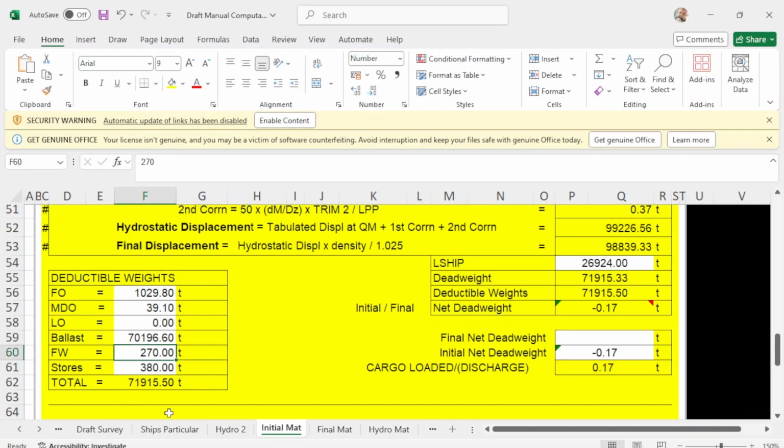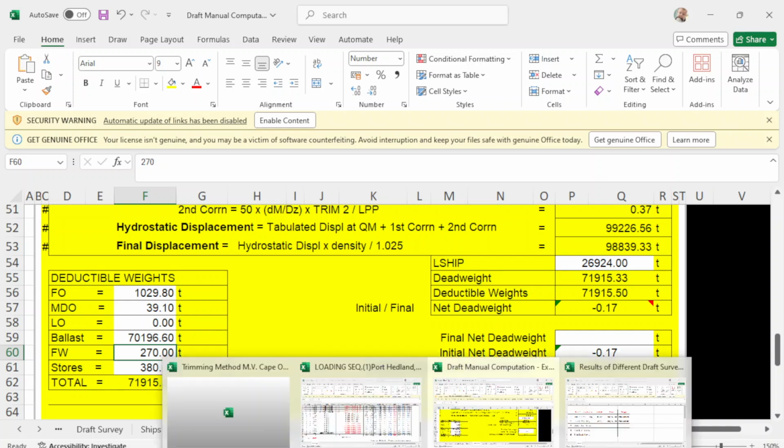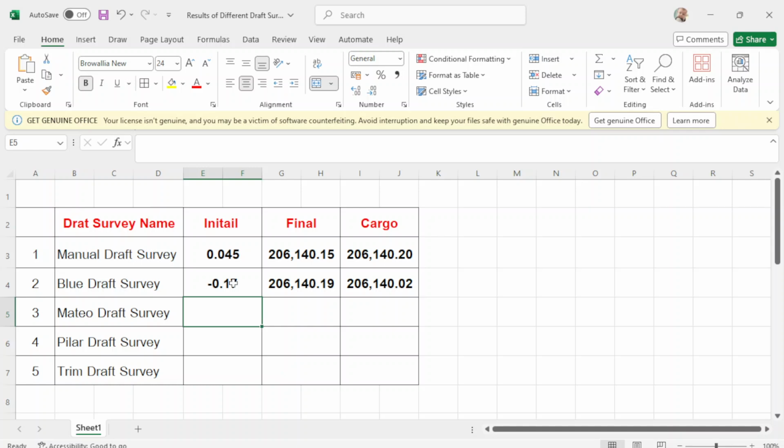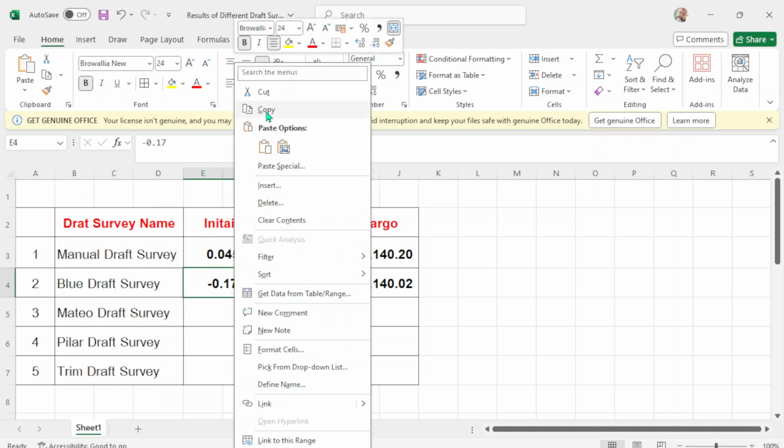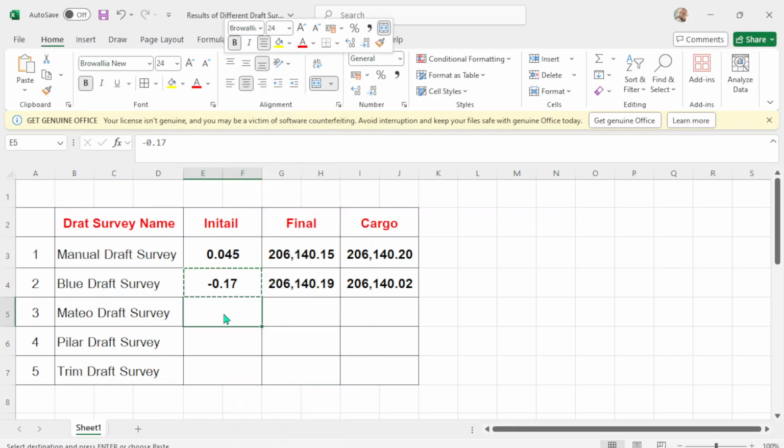Okay. So you now have your cargo of negative 0.17, which is this one. Cargo is negative 0.17. The same. Copy. This is your cargo. Paste. Okay, that's it.